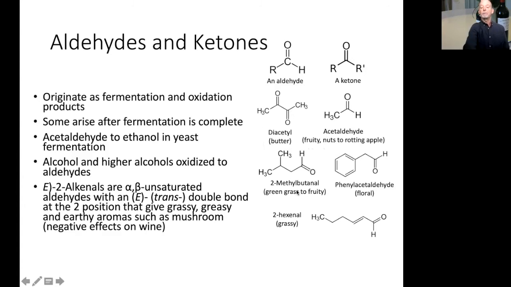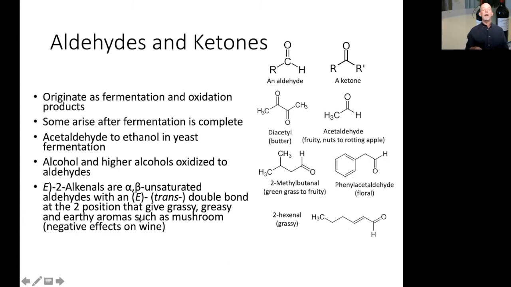We have green grass or fruity aromas that come under 2-methyl-butanol. These are formed as higher alcohols and then they can be oxidized into aldehydes. So we have phenyl acetaldehyde, which is actually a floral aroma. And then 2-hexanal gives us this grassy aroma.